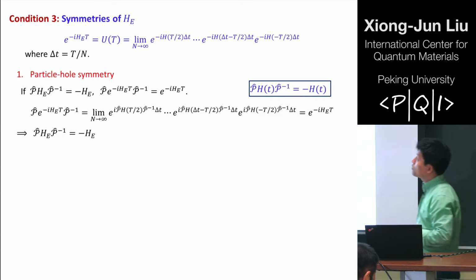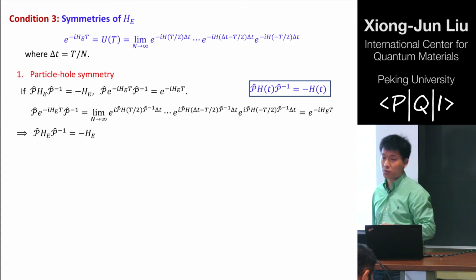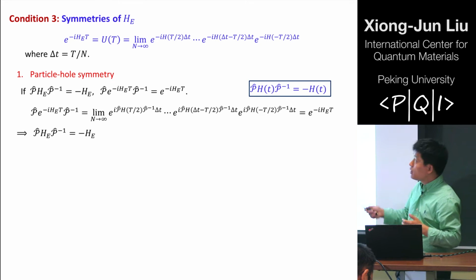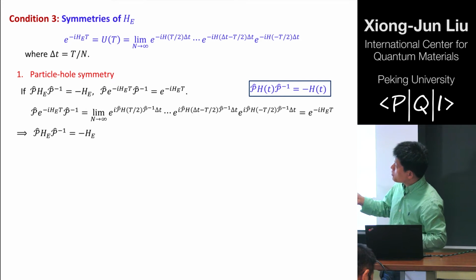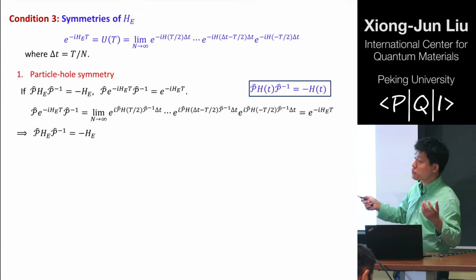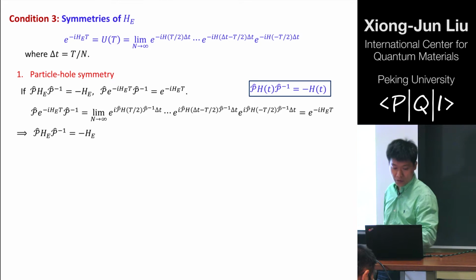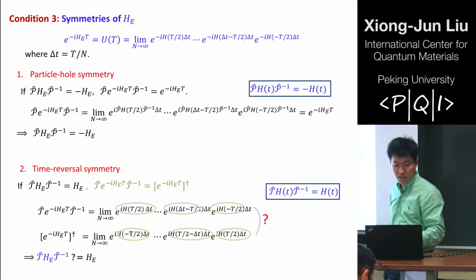First of all, we need to find the symmetries of the effective Hamiltonian. Actually, the symmetries of the effective Hamiltonian are very different from the original Hamiltonian. It depends, and we have some examples. But particle-hole symmetry, which is satisfied by the original Hamiltonian, is also satisfied by the effective Hamiltonian. This is easy to prove. You don't need to worry about the mathematics; I just give you the results.